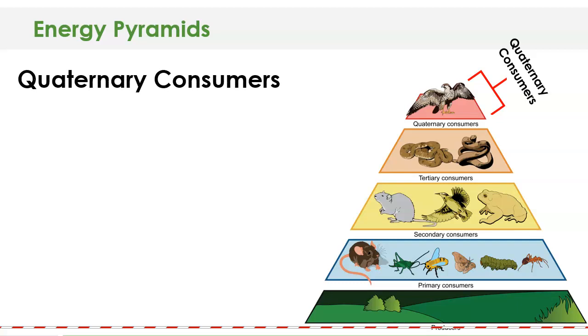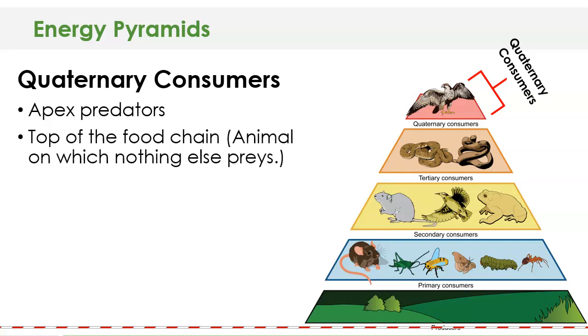And so the quaternary consumers are typically our apex predators. Okay, whatever is at the top of the food pyramid, no matter which level you are at, those are the apex predators. They are kind of the top of the food chain, we might say. They are the animals in the ecosystem that nothing else preys on.